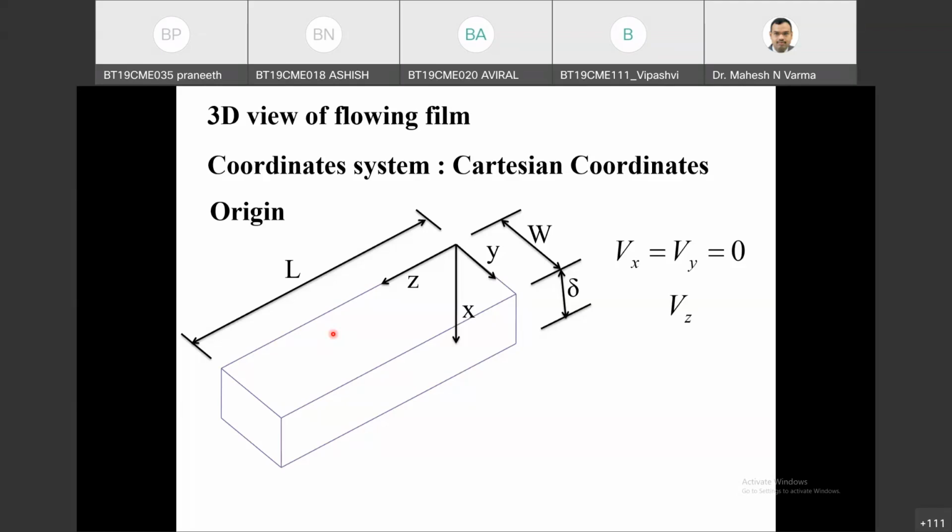Change in velocity Vz in the x direction, change in the y direction, change in the z direction. So which variation is dominating? Is Vz a function of x, a function of y, or a function of z?